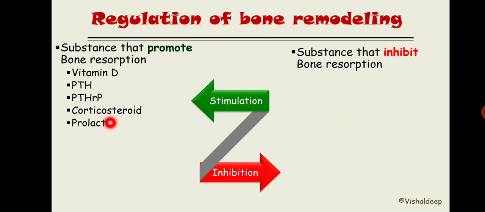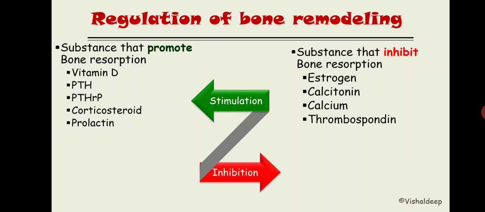Clear? Now prolactin will stimulate bone resorption, so it will release calcium from the bone into the circulation, and that calcium is utilized to make milk. Got it? Now the substances that inhibit bone resorption are estrogen, calcitonin, calcium itself, and thrombospondin.